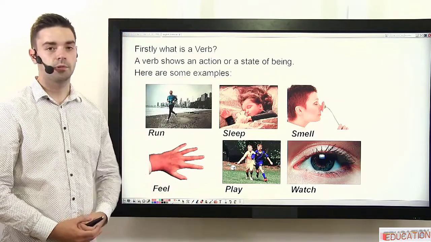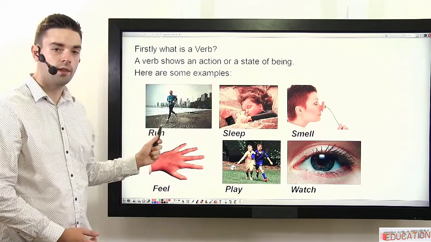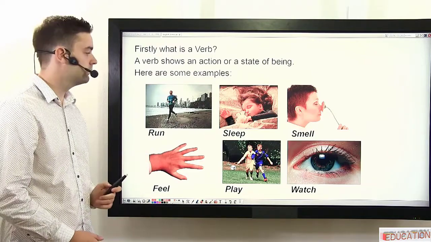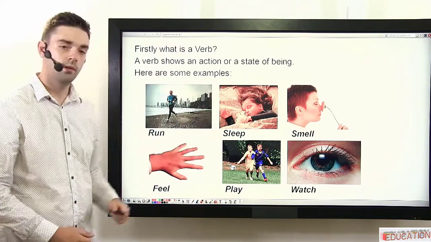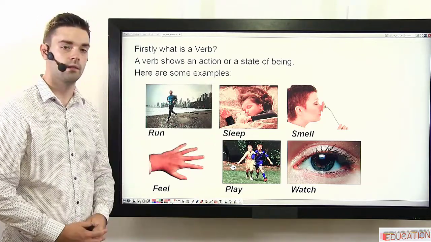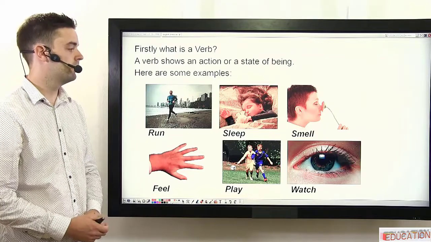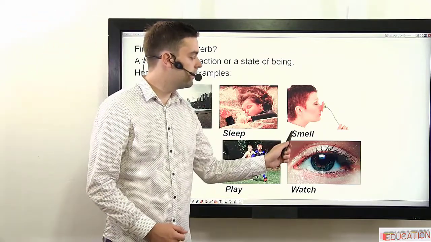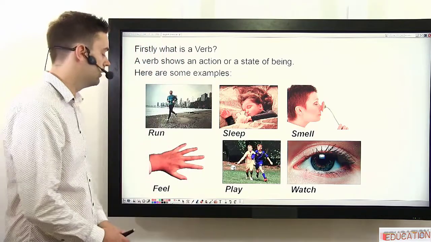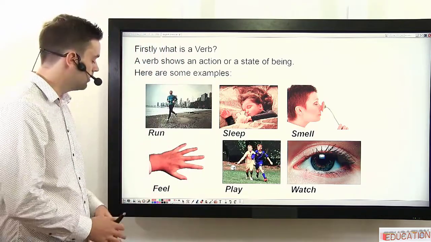Here are some examples. Run. R-U-N, run. Sleep. S-L-E-E-P, sleep. Smell. S-M-E-L-L, smell. Feel.